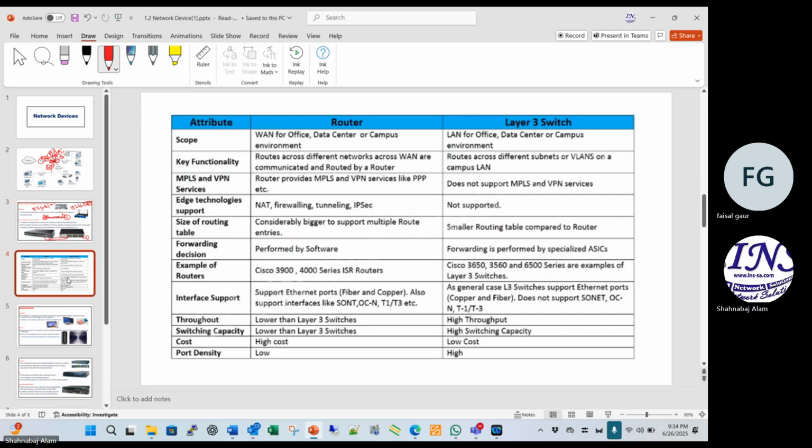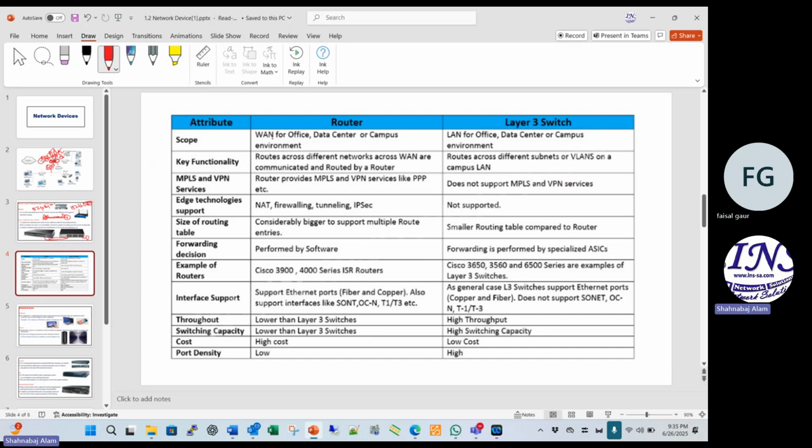So this is the different scope of routers and layer 3 switches, the scope for Cisco data center and campus environments. Scope means where we can use them.